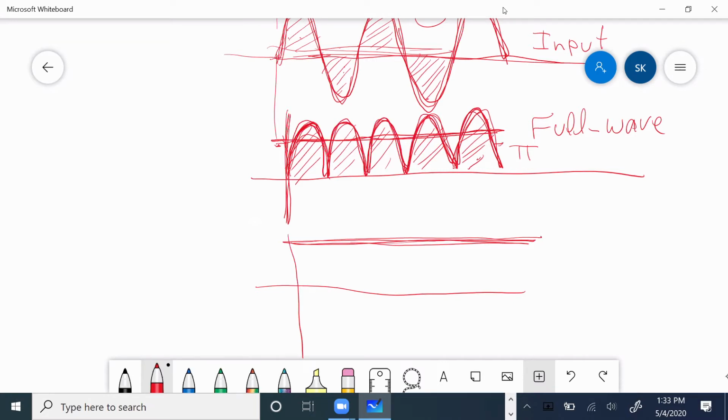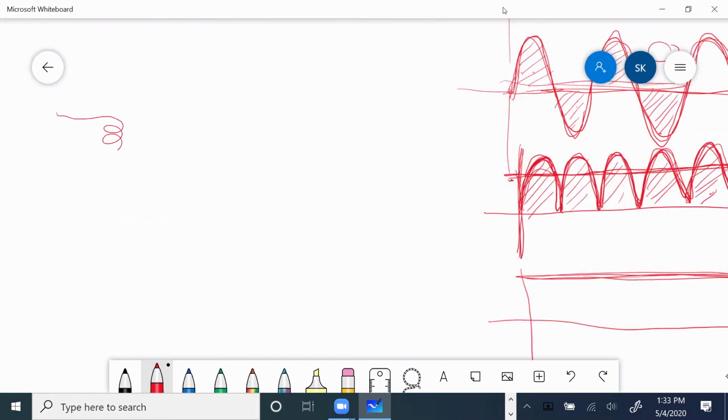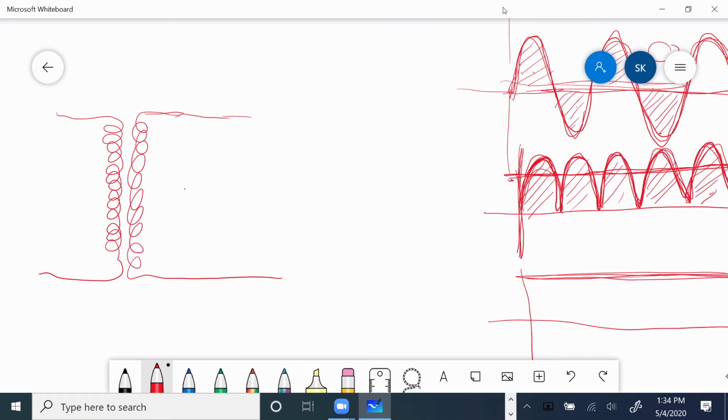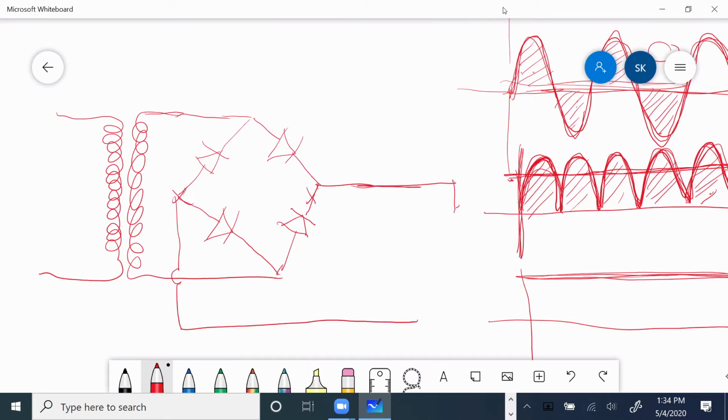I can help this by putting a capacitor there.